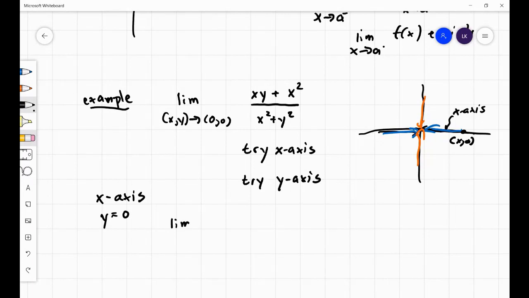So we can look at the limit as points along the x-axis, so y is 0, okay, which of course gives us license to replace y with 0. Okay. Sorry, I forgot.